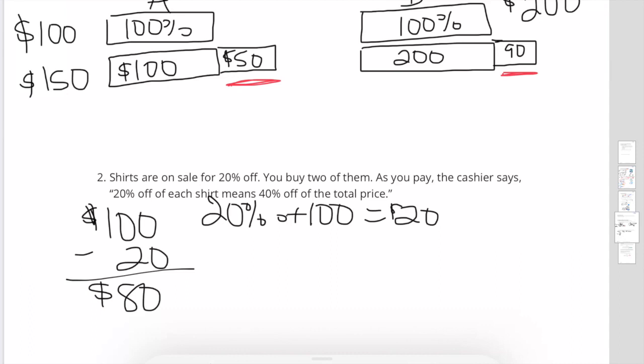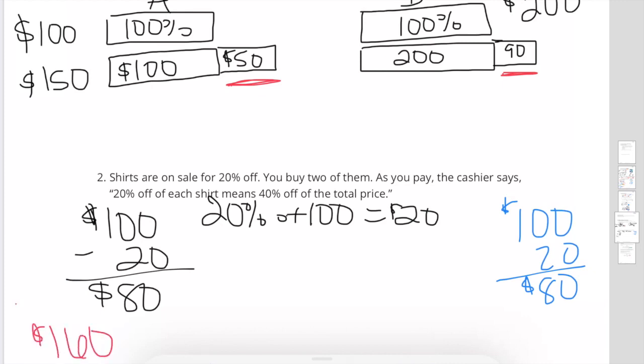Okay? So for the second shirt, I have shirt number 2. It's also $100 and it's 20% off. So that's another $20 off. And I pay $80 now. So total for 2 shirts, I would pay $160 for 2 shirts.